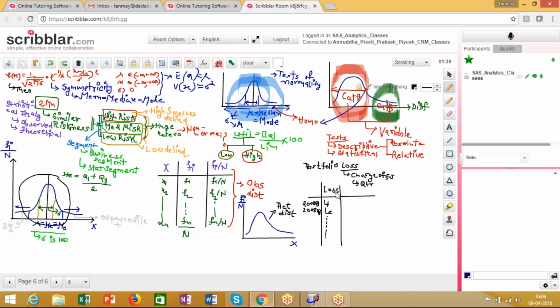So this is what we need to look for. Now, say I'll just plot the loss distribution.